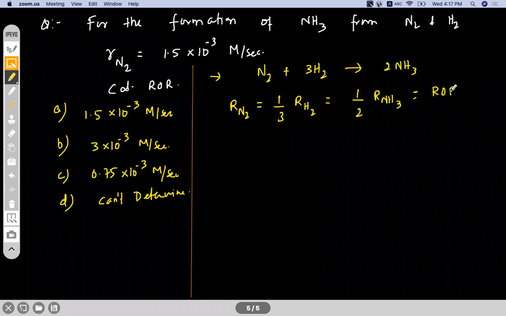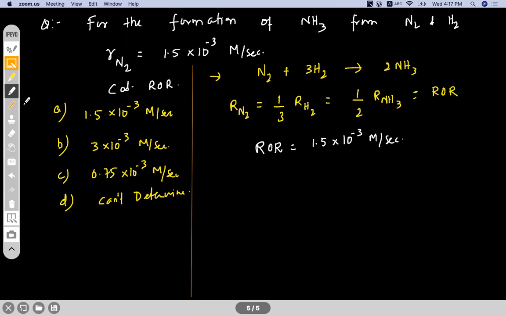Is it correct? Rate of N2 is given, so the rate of reaction you can directly equate and you will get 1.5 into 10 to the power minus 3 molar per second. This is the one thing that you can do.